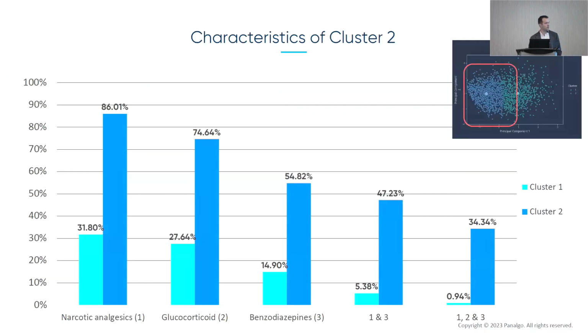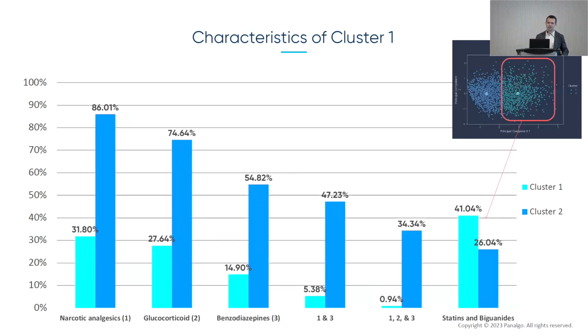So for the blue cluster, what we're calling cluster 2, these patients had a high prevalence of each of those 3. So the intercluster variance was primarily describing how to be categorized within this cluster. Looking at the combinations too, the most prevalent combination was opioids and benzodiazepines being co-prescribed in this group, at close to 50%.